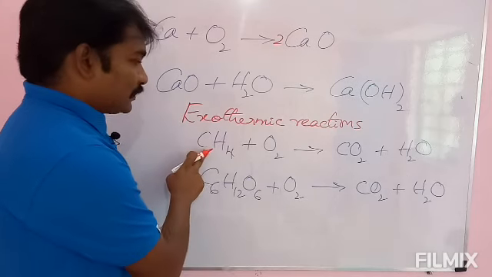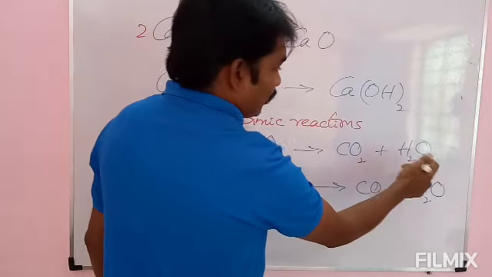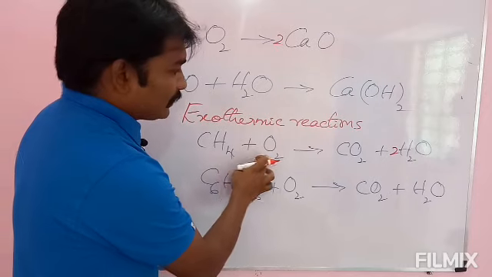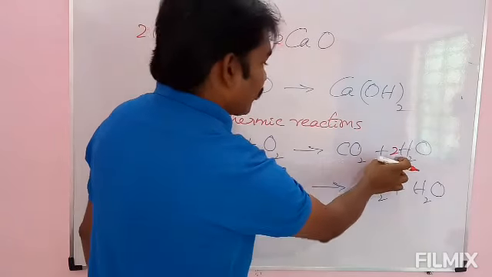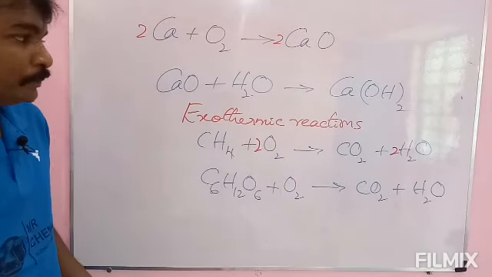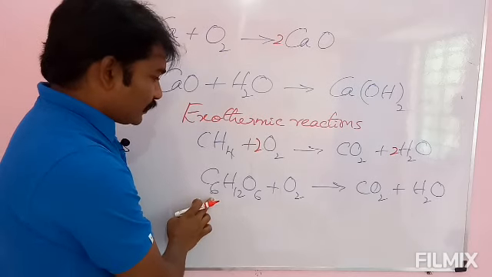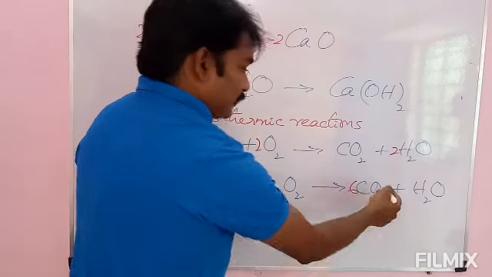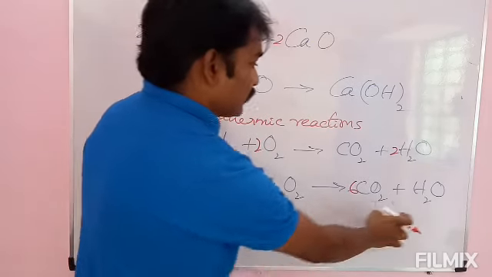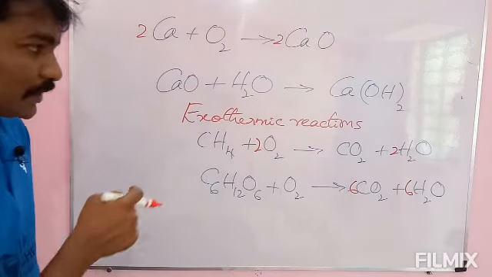And balance the equation. See, one carbon, 4 hydrogens, 2 hydrogens, I am writing 2 and the hydrogens are balanced. Then oxygens: 2 plus 2 is 4, so I am writing 2 here to balance oxygens. Next, check the glucose molecule C6H12O6: 6 carbons, 12 hydrogens. Here only 2 are there, so I am writing 6 here; 6 twos are 12.